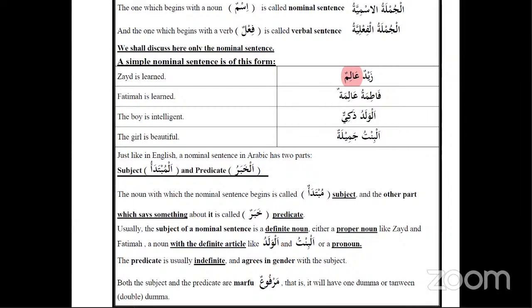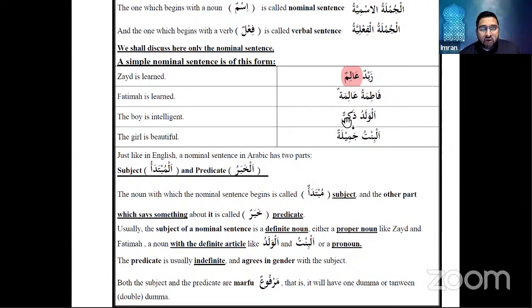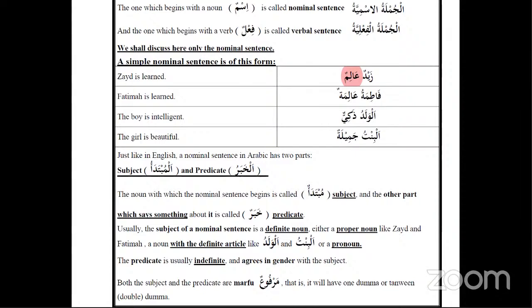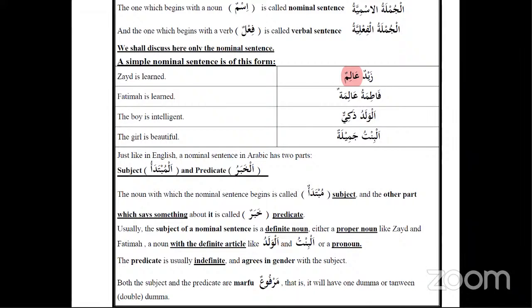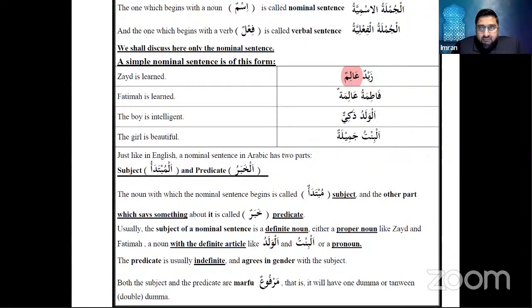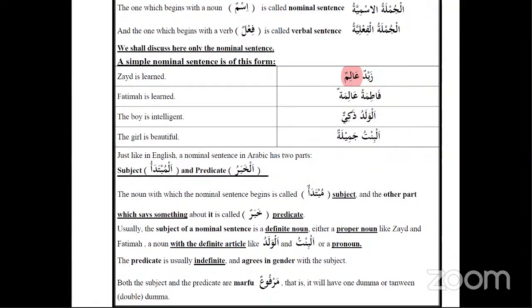So in al-waladu dhakiyun, explain to me in your own words what I've just told you. Al-waladu, the boy, is a noun. So that means dhakiyun is directly related to it in terms of the ending.